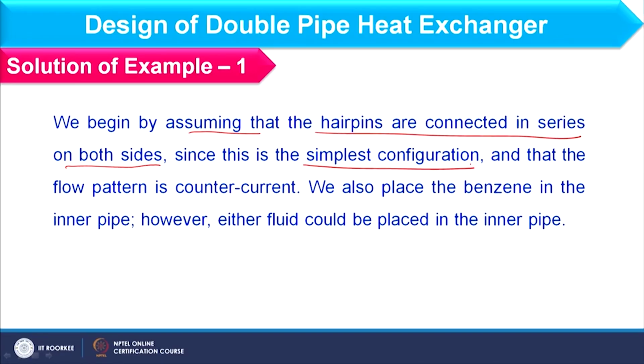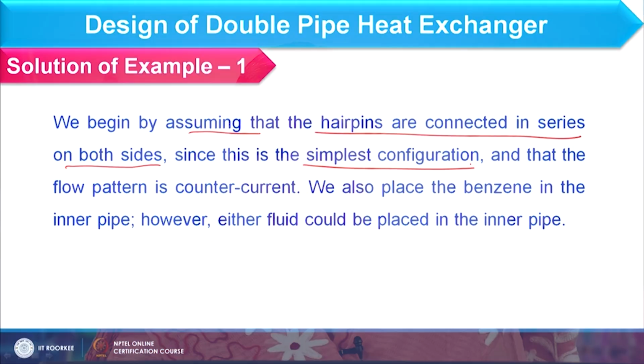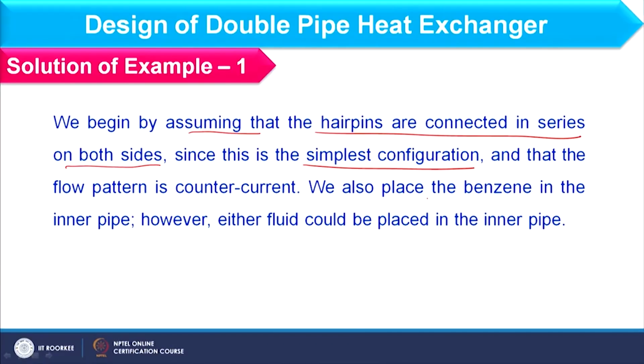First I am considering the series configuration, where both fluids are entering in series in the double pipe heat exchanger. For calculation purposes, we can consider that benzene is flowing in the inner pipe and aniline is flowing in the outer pipe, and either fluid could be placed in the inner pipe. So, here we first consider that benzene is flowing in the inner pipe.